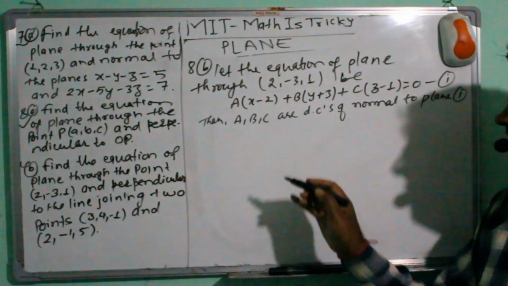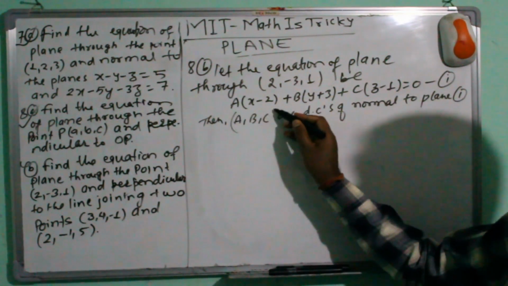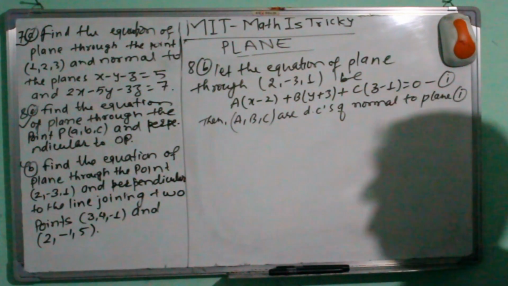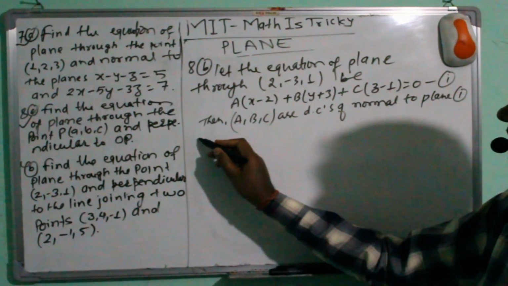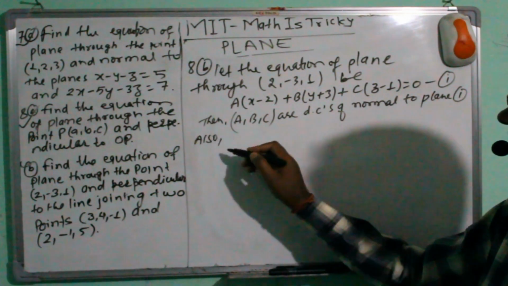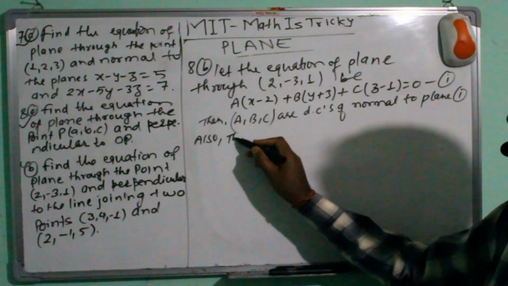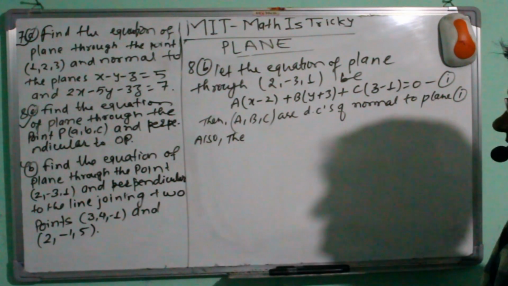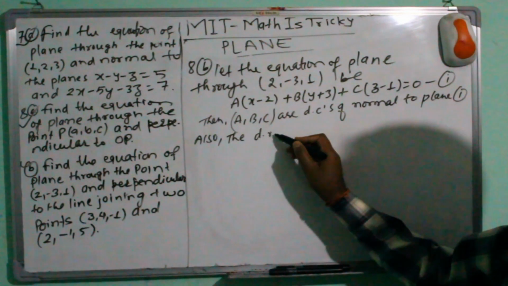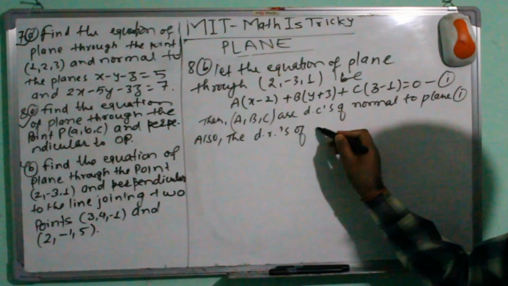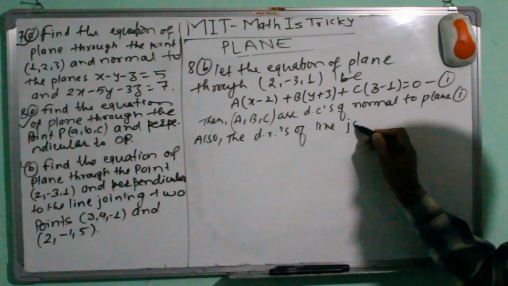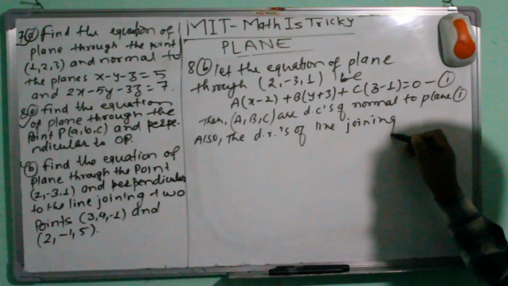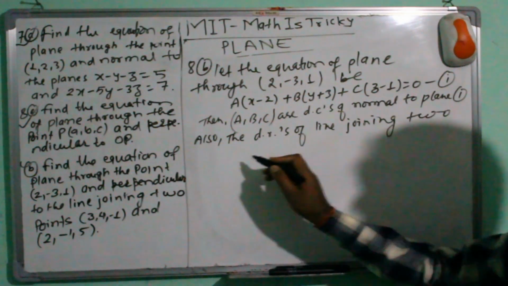So these A, B, C will represent the DCs. Now let's also find the DR of the line joining the given two points.